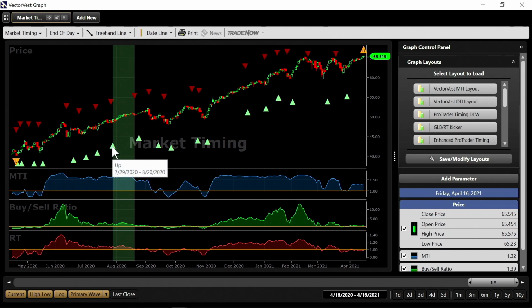When a green arrow is signaled, we would look to buy stocks the following day if the markets follow through. And when I say follow through, it really doesn't matter what percentages or any of that, just that the markets are higher in the first few minutes of trading that following day. We would then launch the campaign.